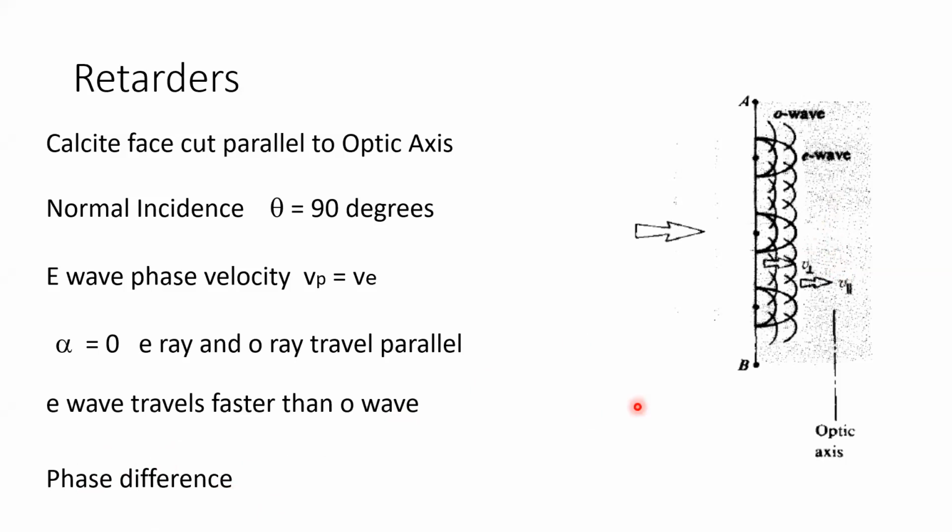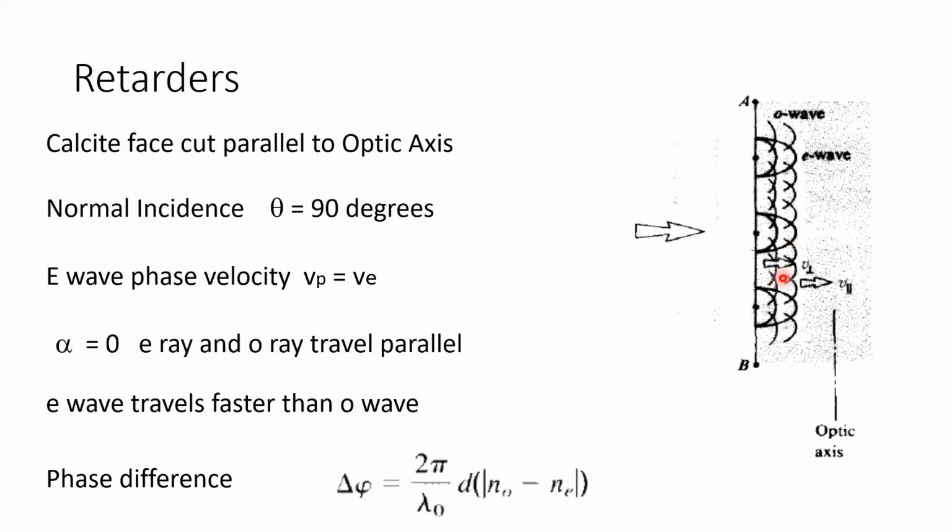All right. So when these two waves come out of the crystal, depending upon how much distance they have traveled inside the crystal, there would be a phase difference between the O ray and the E ray.